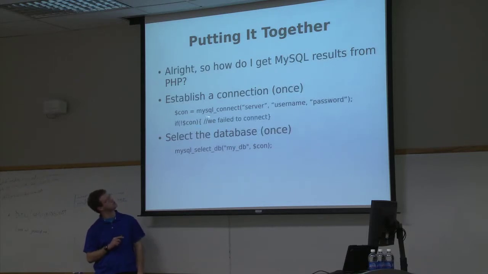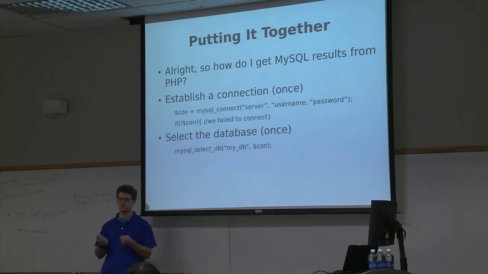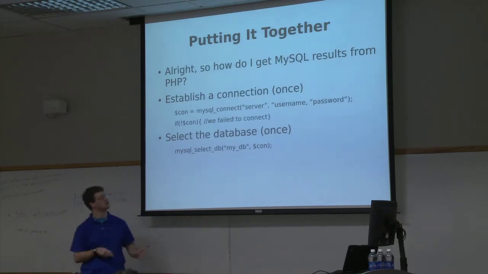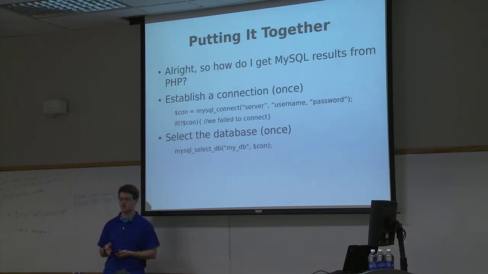So you just run this PHP function called MySQL_connect, and then you give it the name of the server and your username and password. All of these things, by the way, you get from whoever's running the server. So if you're using the contrib servers, then you can get them from the Computer Club website. If you're using someone else, you can get them from them. And then you run this function called MySQL_select_database. What happens there is there's a database server that's running.